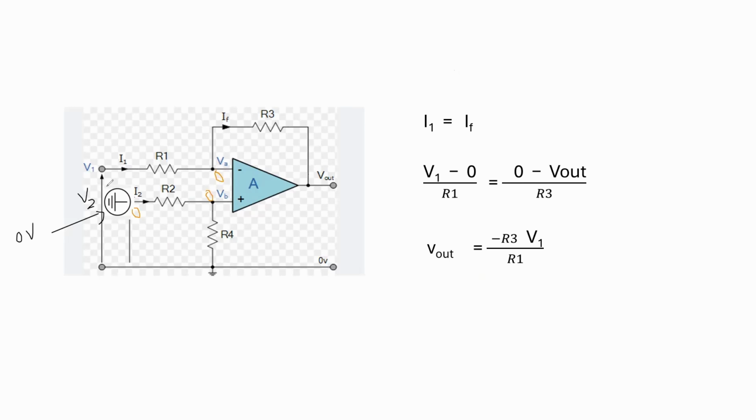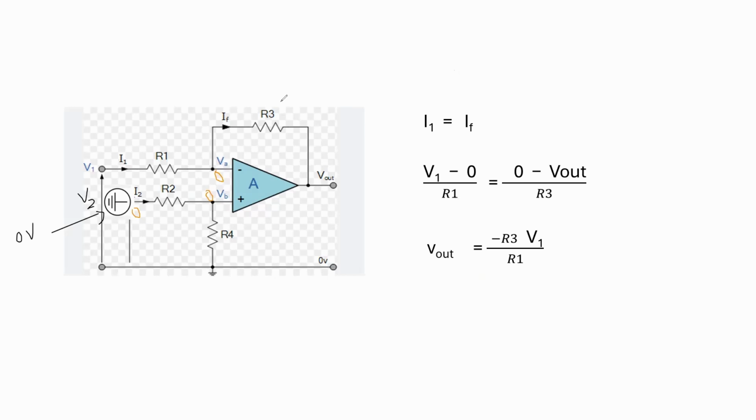Then we know I1 equals IF, so we can write V1 minus 0 volts. We can write I1 as voltage divided by resistance. The voltage across R1 is V1 minus 0 volts, divided by R1.